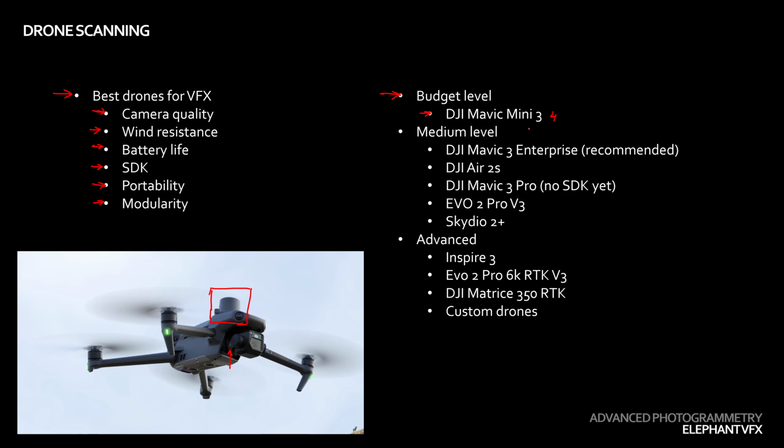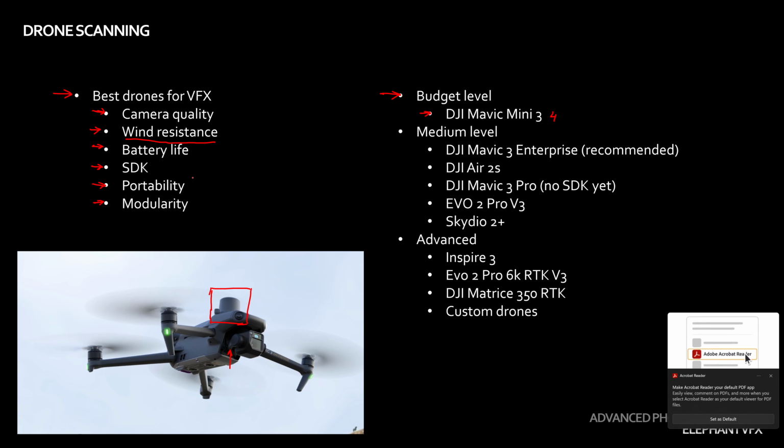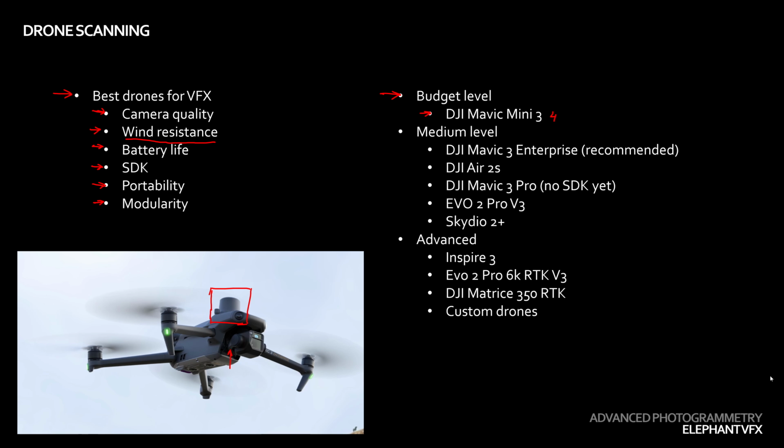The thing that is not that good is the wind resistance, right? So I can do things with a DJI Mavic 3 Pro that I cannot do with a DJI Mavic Mini 3. But it's a pretty good drone. I don't remember how much it costs, but when I bought mine, it was less than 1,000 euros.